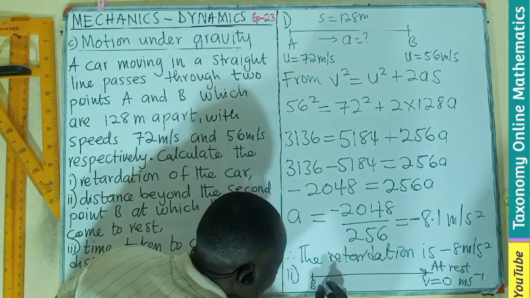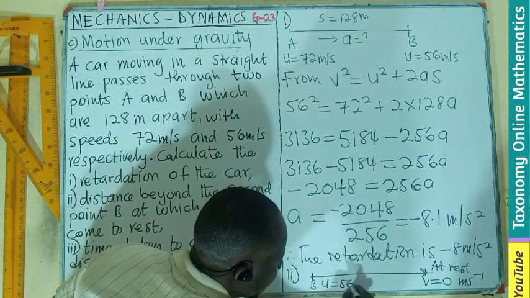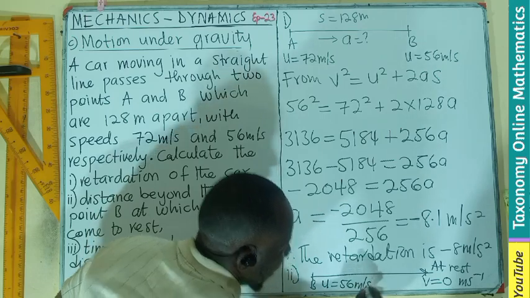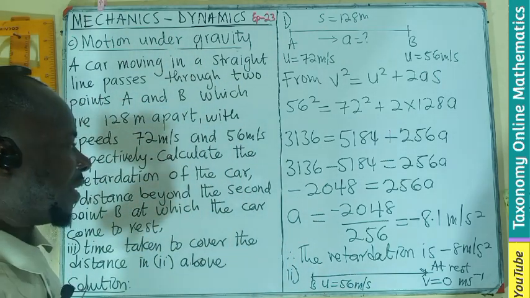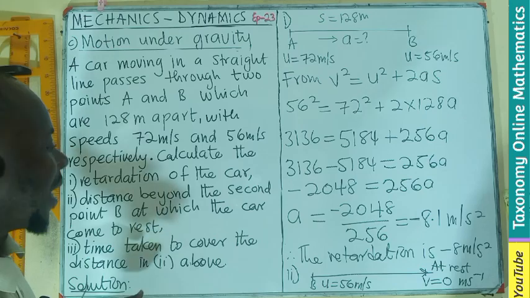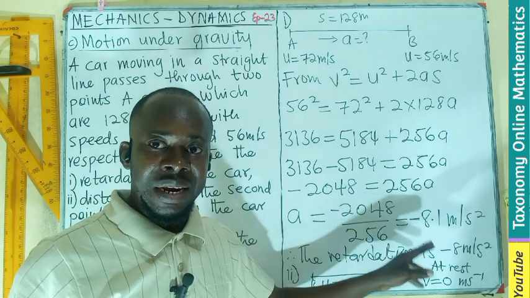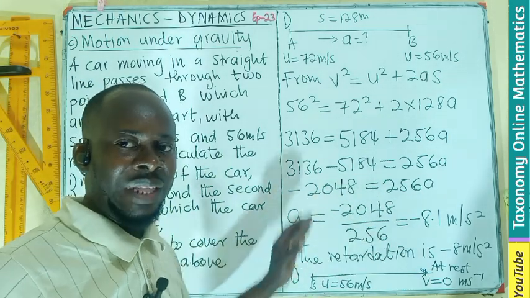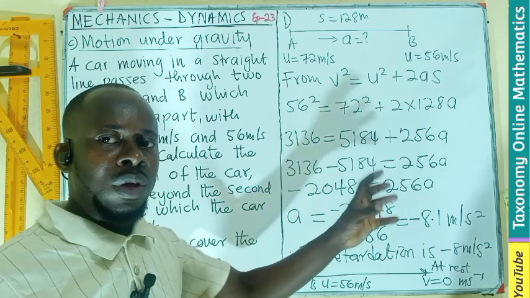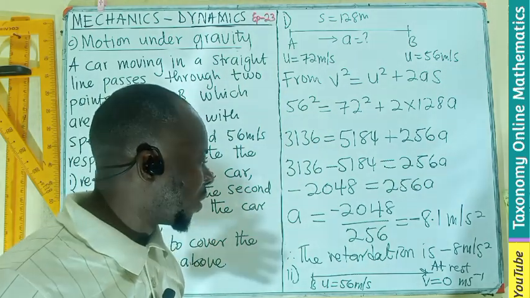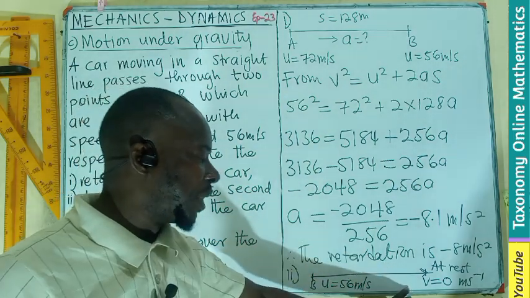The initial velocity is going to be 56 meters per second. The distance is what we are looking for. The acceleration will still remain negative because it's a retardation, and it's constant, so it's the same acceleration along the line. These are the information we have.